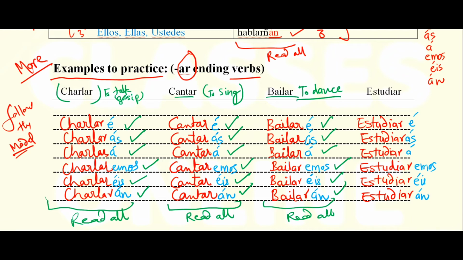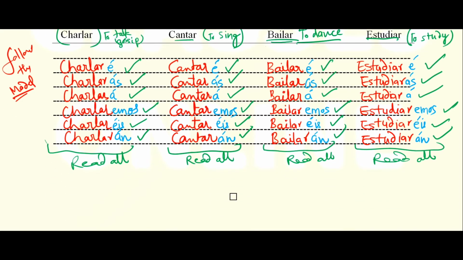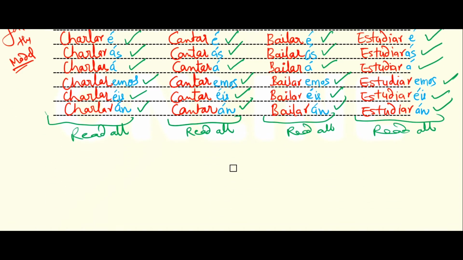Now the last example for AR ending verbs. Let's read together. Estudiaré, estudiarás, estudiará, estudiaremos, estudiaréis, estudiarán. Estudiar means to study. Okay, these are AR ending verbs in the Spanish future tense. Conjugation done for regular verbs.